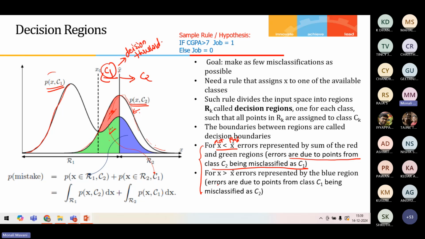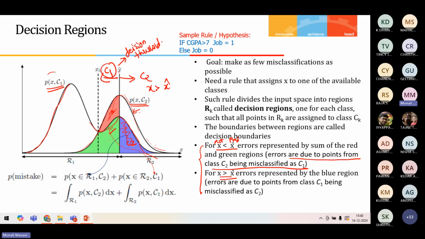Similarly, when the actual X is of the C1 class, as per the threshold our model is predicting them as the C2 class. But you can see this blue region is part of C1.